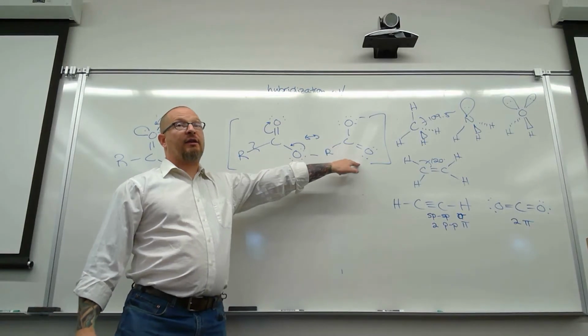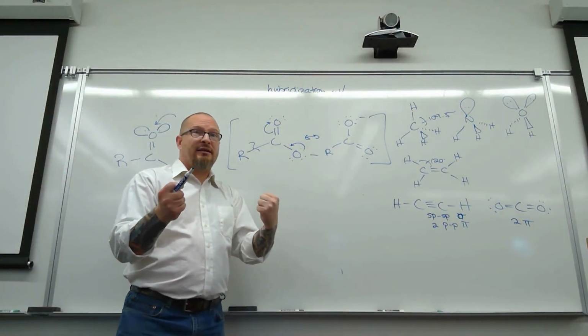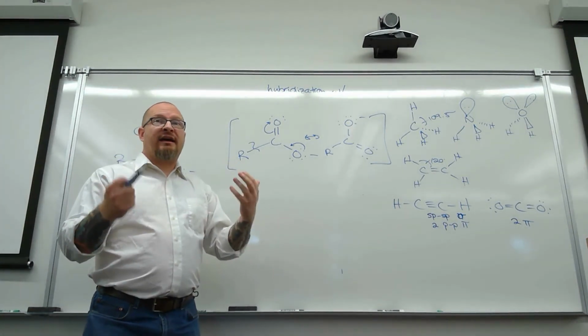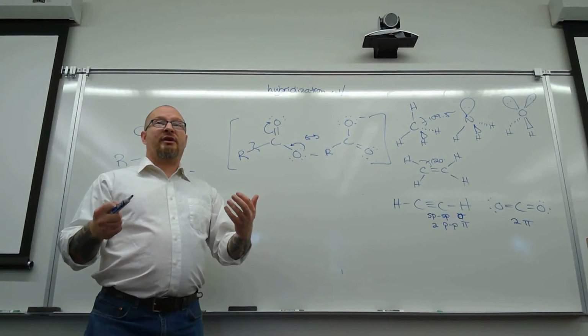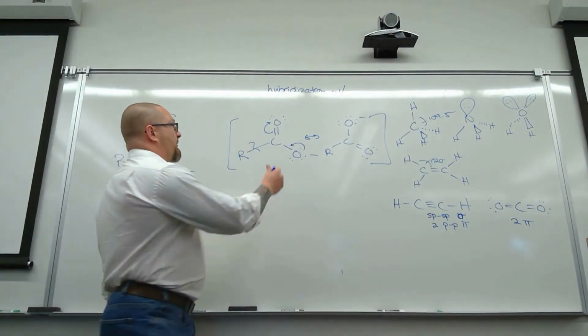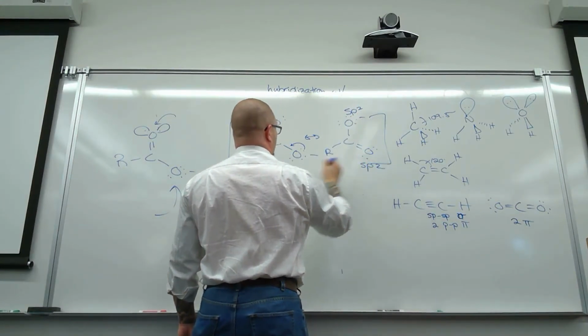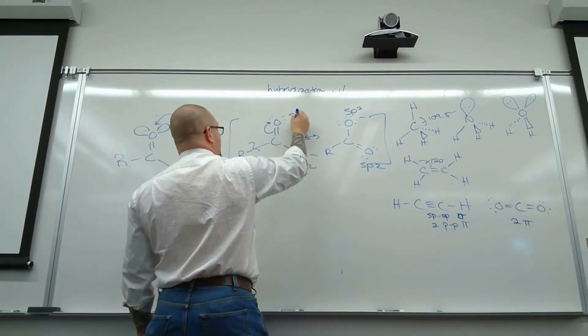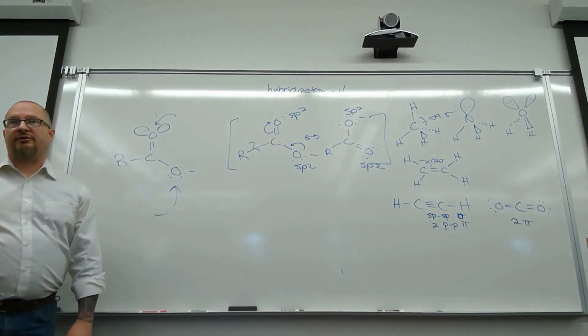And to hold those electrons as a pi bond, it has to have a vacant p orbital. So you can't hybridize all of its orbitals. So this is sp2, and this is sp2, and this is sp2, and this is sp2. None of those oxygens are sp3.